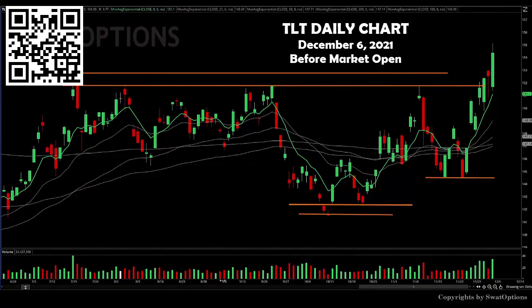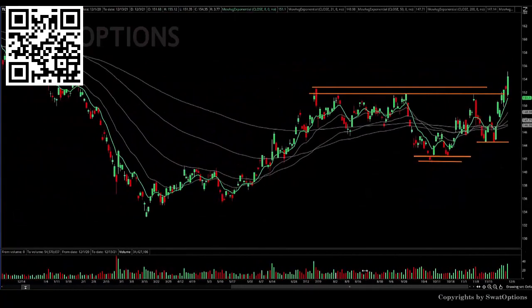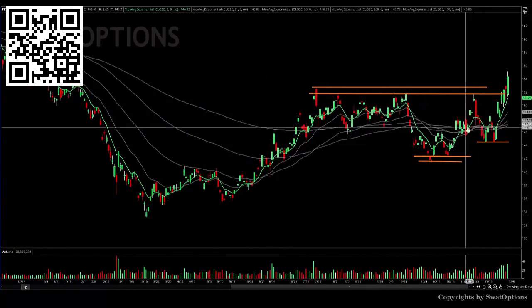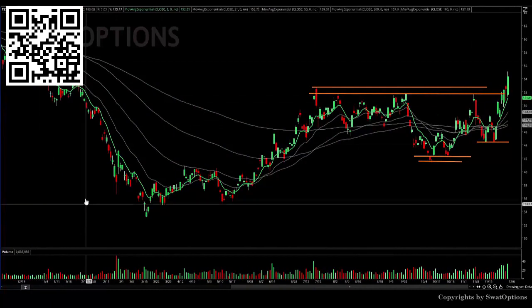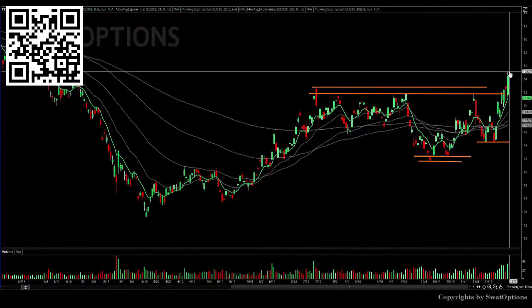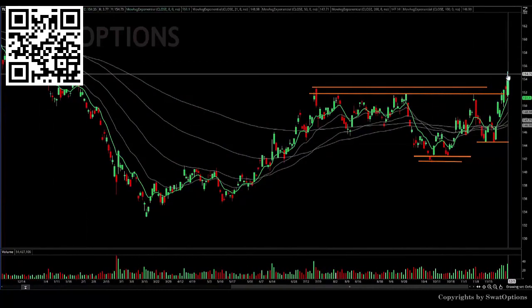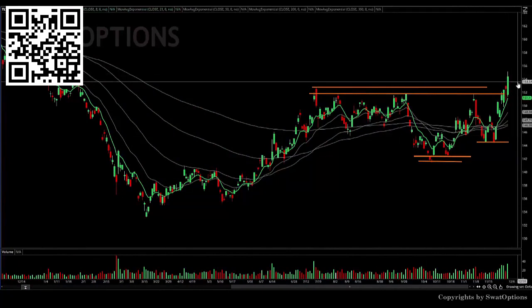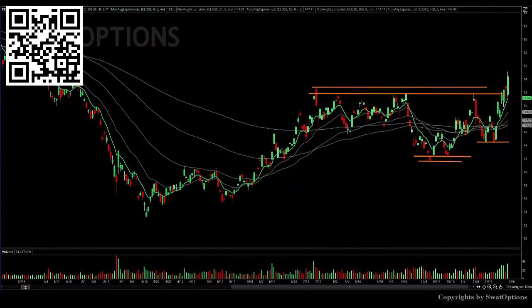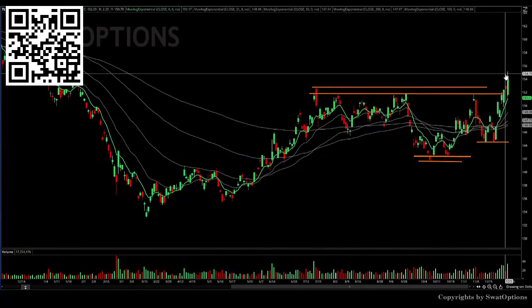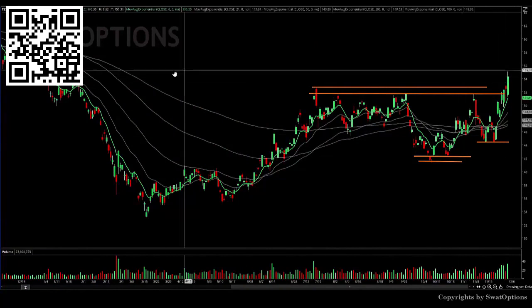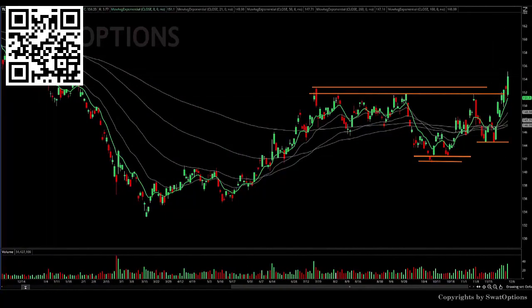So let's move a little bit more into the past and see where we stand right now. Looking a little bit more in the past, we see that 154, 155, the stock price closed at 154.35. 154, 155 was one of the levels where we found big sellers.